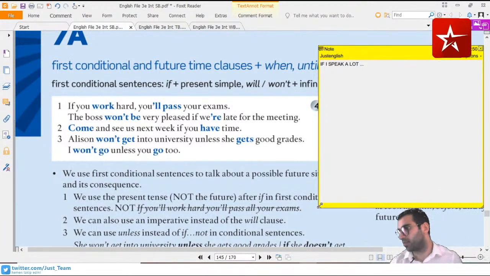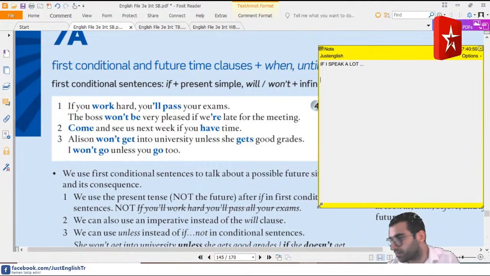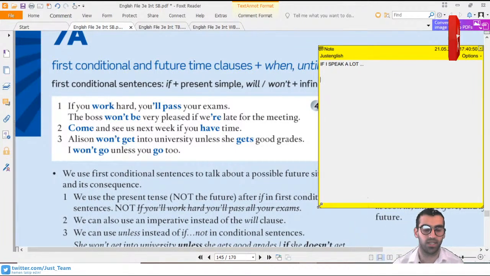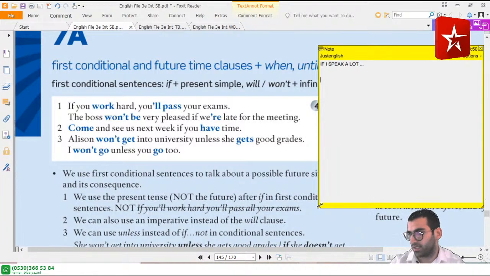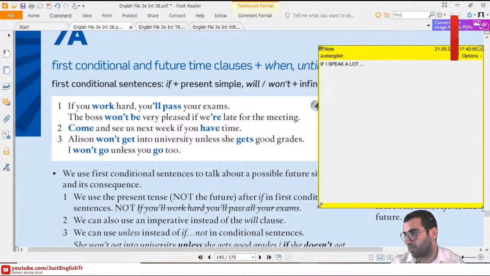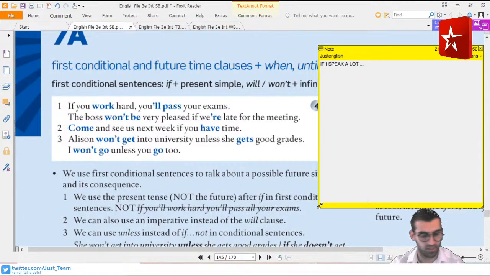This is the first conditional sentence we have to write and complete. If I speak a lot, what will happen? Can you give me any idea to write here?